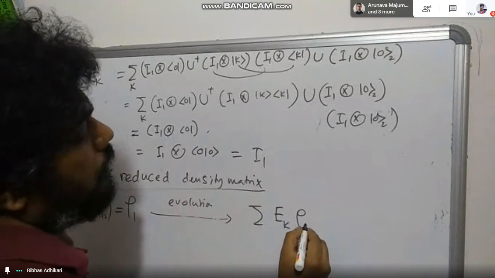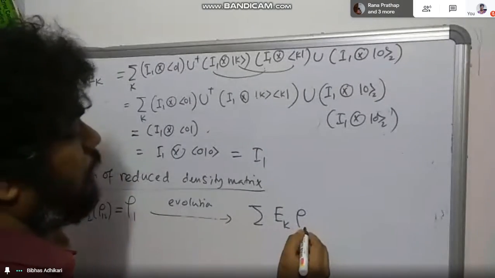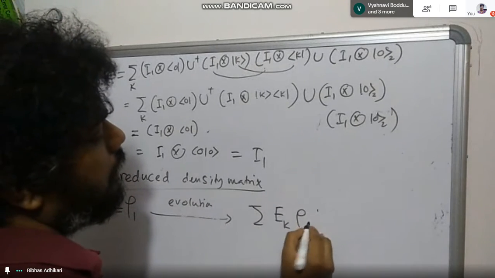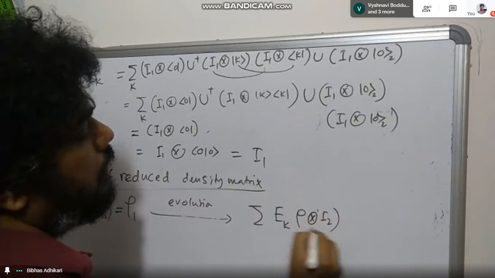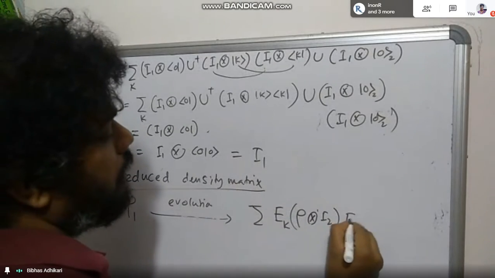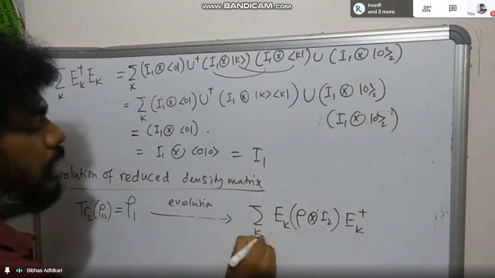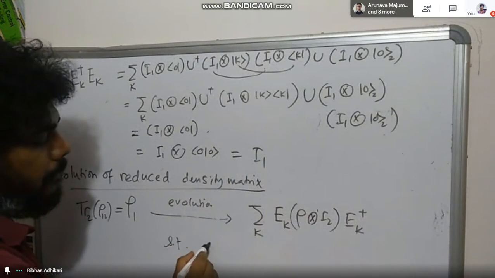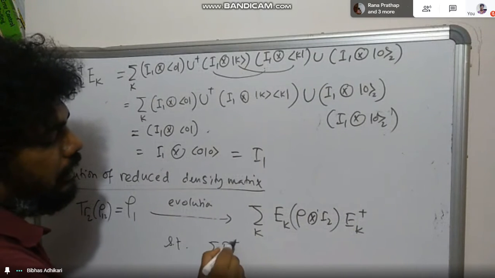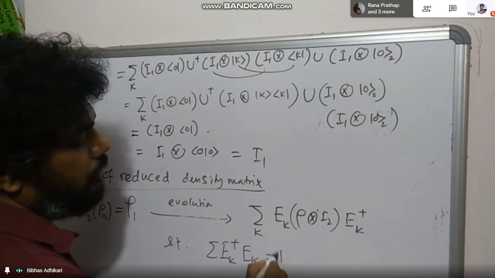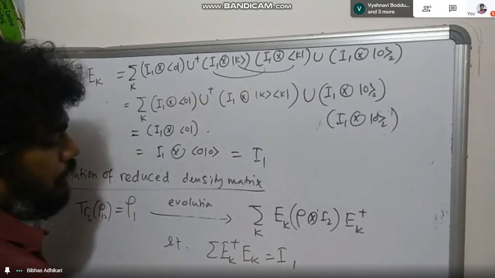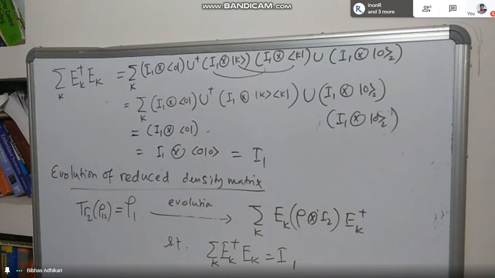This rho was actually rho 1 tensor identity, but let me just write it this way, with dagger, such that the sum of E_k dagger E_k is equal to identity, over all k. Okay, this is my evolution.